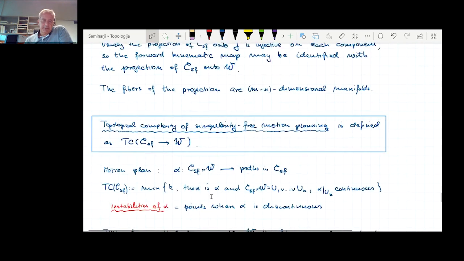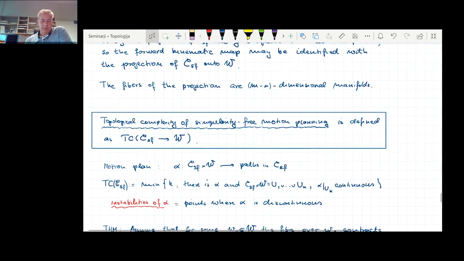And by definition, the topological complexity of the singularity-free motion planning is just the minimal number k such that the domain can be split into k sets, and such that motion planning is continuous on each of them.